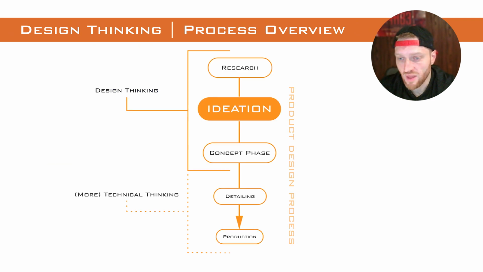And design thinking, I would say, is most prevalent within the first 3 stages of the general product design process. So within the research, ideation, and the concept phase, but also for detailing and the production, you can still apply design thinking principles, even though that becomes much more about the technical details.